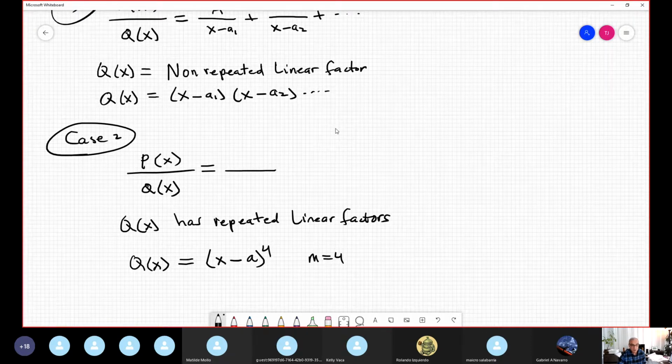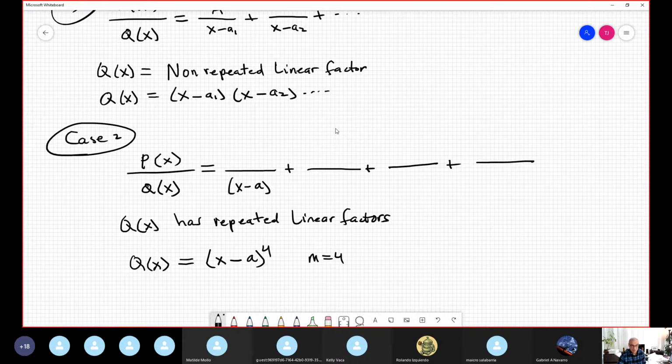So what is the partial fraction decomposition? Since the multiplicity is 4, we have 4 partial fractions. The first one is over (x minus a) to the 4th power, then (x minus a) to the 3rd power, (x minus a) to the 2nd power, and (x minus a) to the 1st power, where parentheses are not necessary.